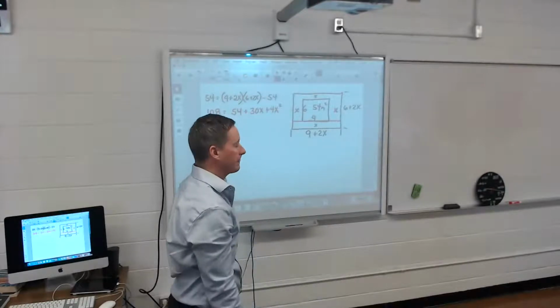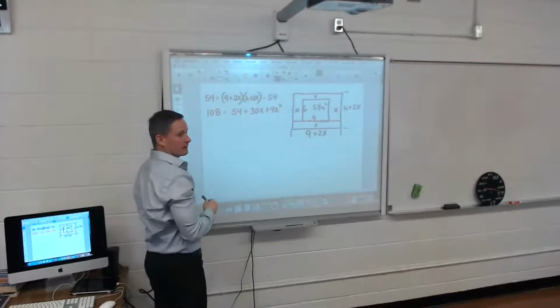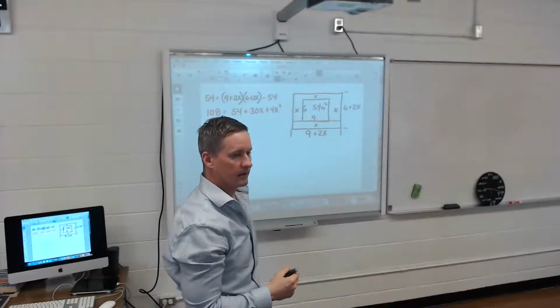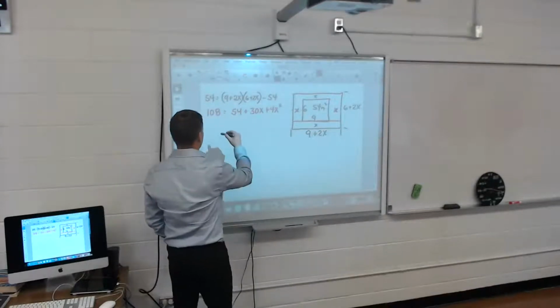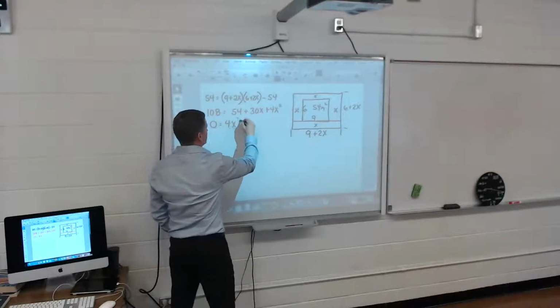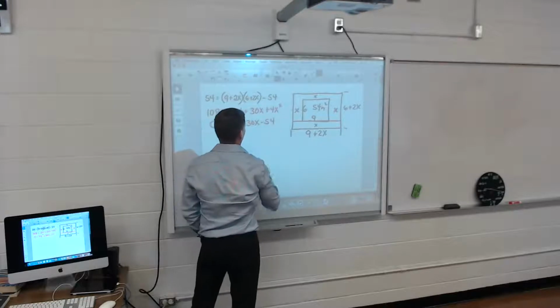Did you get 108 from, like, I added this 54 to this side. We okay? Have I lost anybody? Not yet. So 0 equals 4x squared plus 30x minus 54.